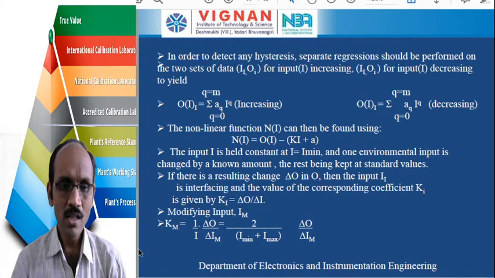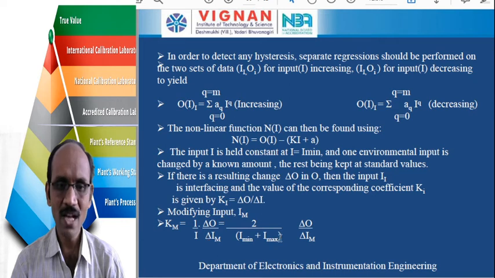So then the modifying input is going to be neglected by including this coefficient in the output equation. So the coefficient is Km is equal to 1 by I into delta O by delta Im. So in this case we are going to be keeping the input at I minimum plus I max by 2.